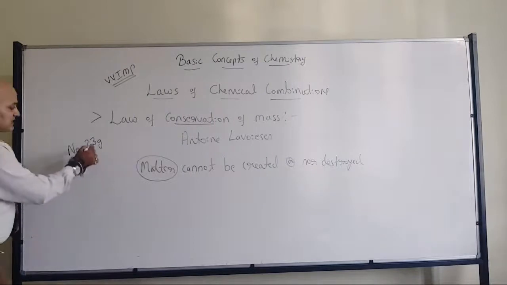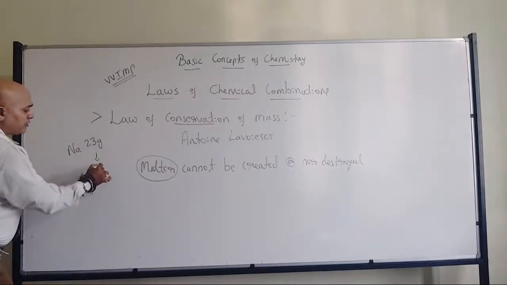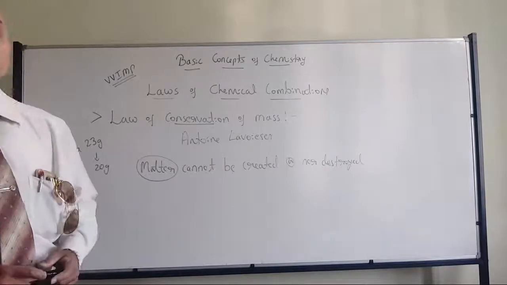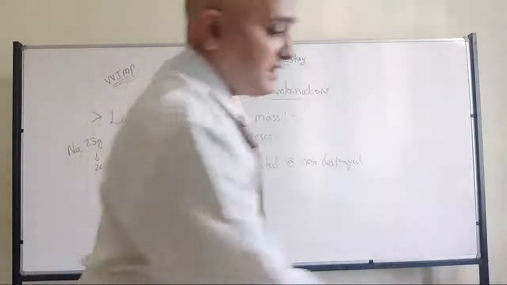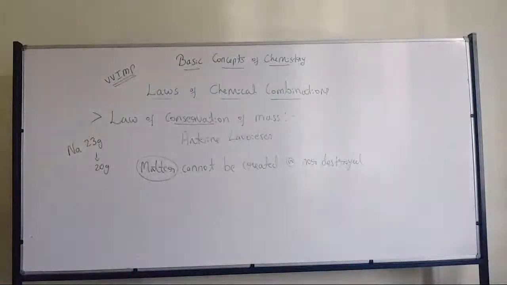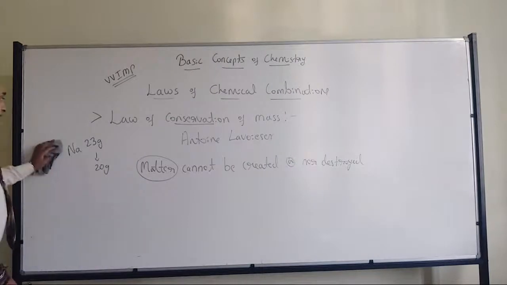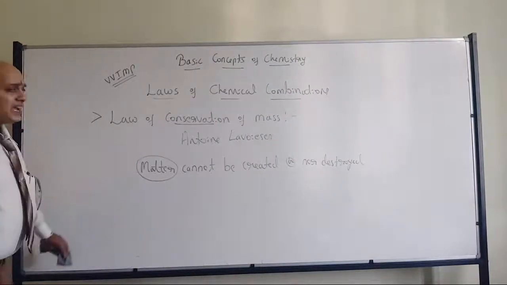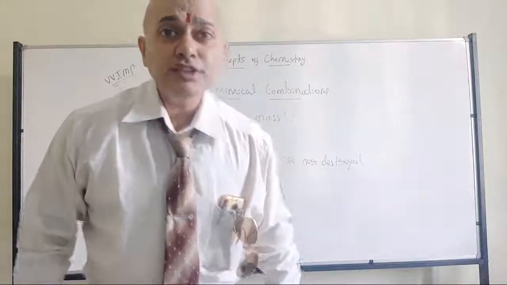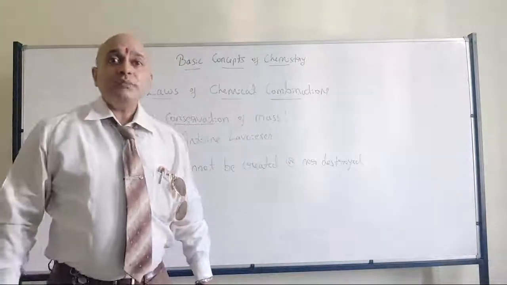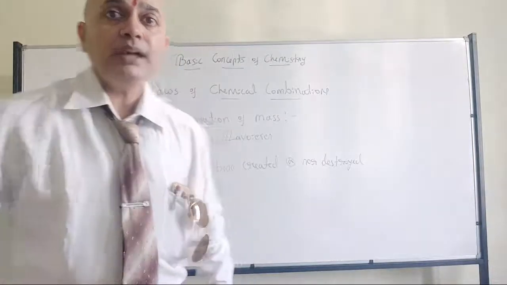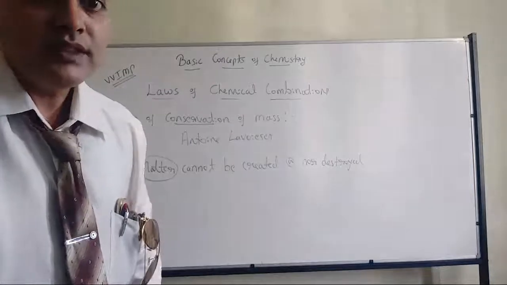Now if I change this 23 gram to 20 gram, it is no more sodium. So what I mean to tell here is sodium atomic mass will remain as 23 gram. Or in some elements, if I neglect average atomic mass and take it as an individual element, then the mass will be constant. That's what I was telling. Mass will be constant. Okay, fine.